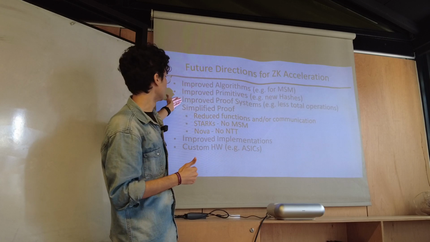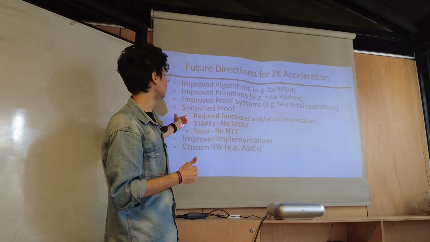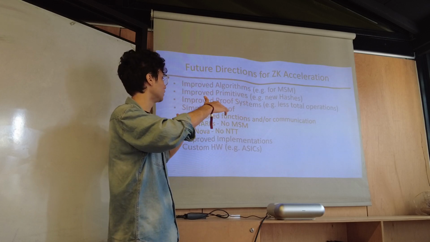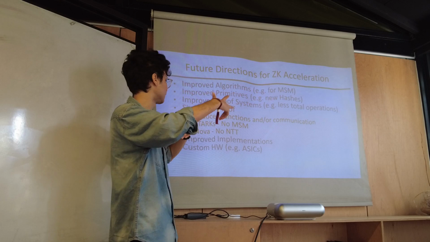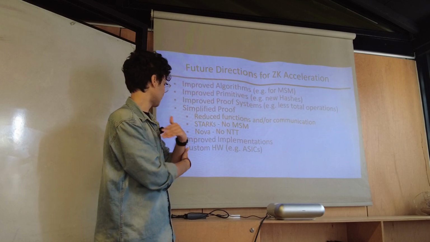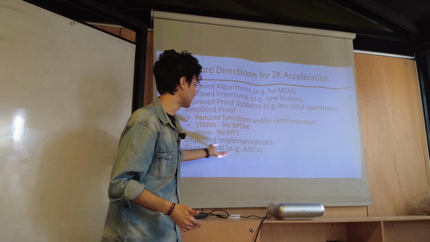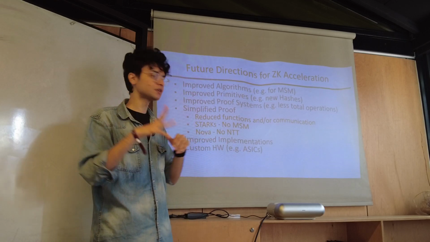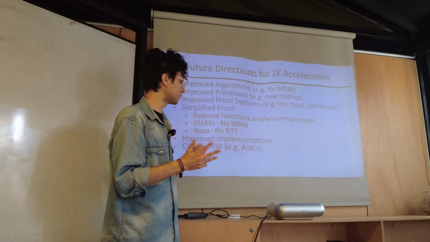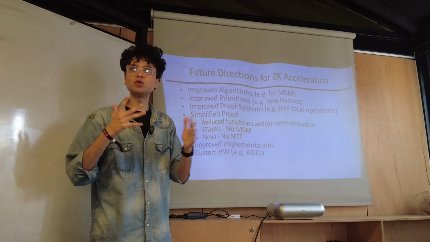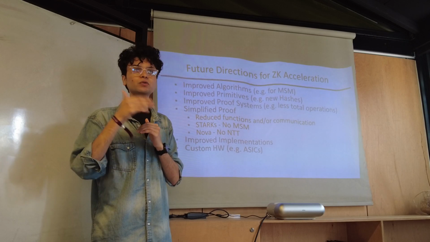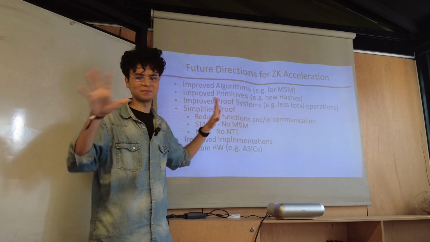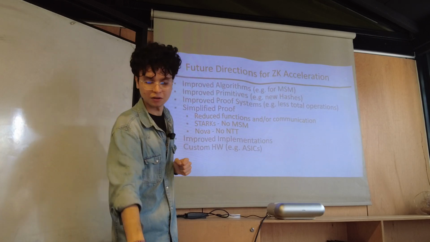And then you can simplify the proof to reduce the number of MSMs, and reduce the communication between the devices and the accelerator. I think we might have ASICs once these protocols ossify in the next few years. Right now, nobody is really building on ASICs, but if the proof systems get more mature over time, we will probably move towards ASICs, just the way we did with Bitcoin. So these are the future directions where things can go.